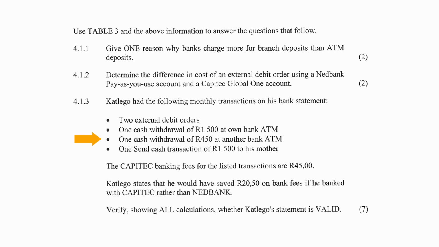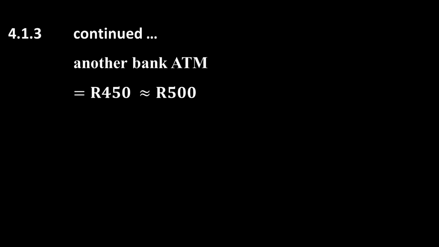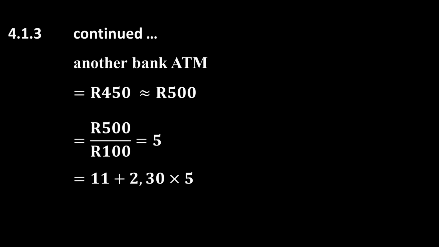For a cash withdrawal of 450 Rand at other bank ATM, we first have to round this value up to 500 Rand because of this condition. Then we divide this value of 500 Rand by 100 Rand, and this equals 5. Now multiplying this value by the variable of 2.50 Rand per 100 Rand, then adding 11 Rand will give us a cost of 22.50 Rand.